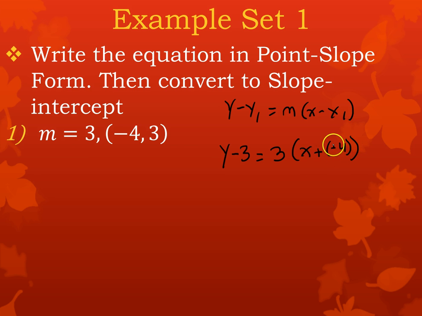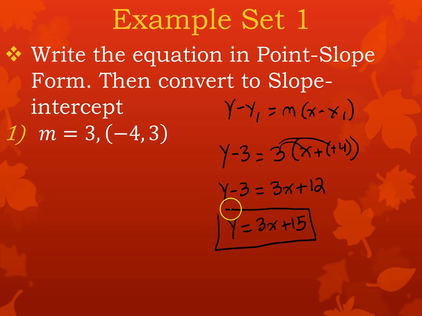So minus negative becomes plus, so that becomes plus 4. So when I distribute my 3 to the whole expression, we get y minus 3 equals 3x plus 12. So I add 3 to both sides, so y equals 3x plus 15 is the equation in slope-intercept form.